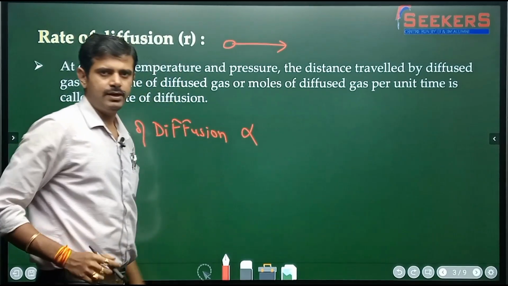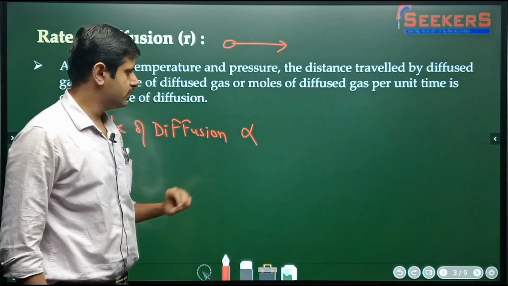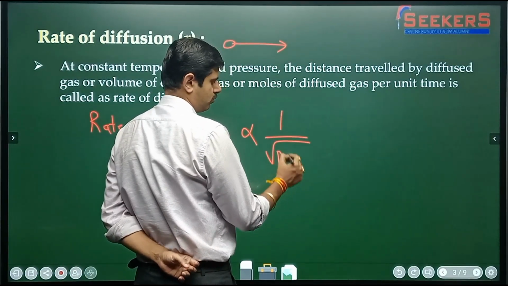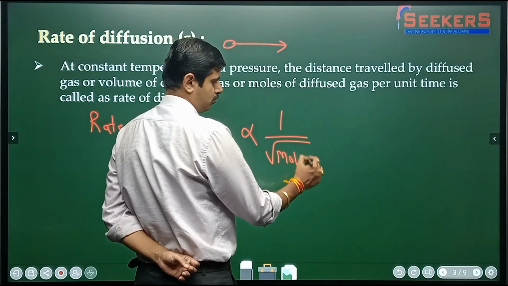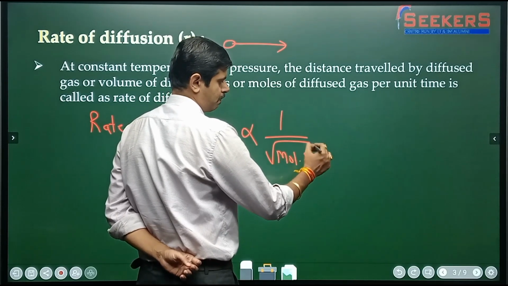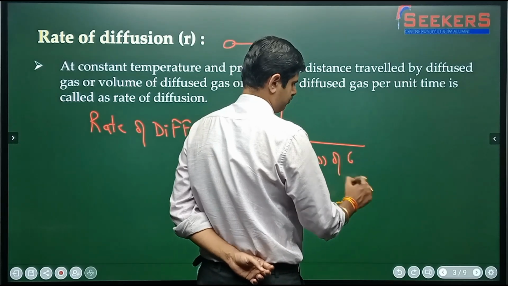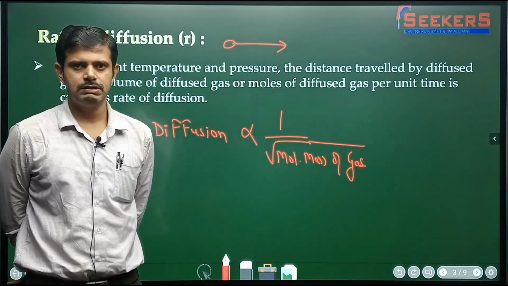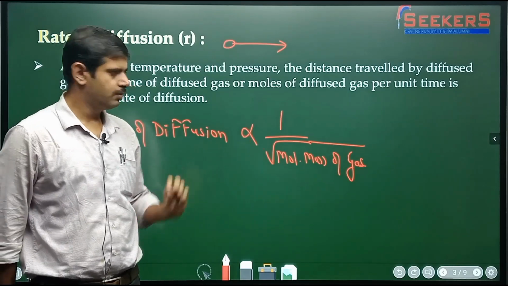Experimentally it has been found that the rate of diffusion is inversely proportional to 1 by root of the molecular mass of the gas. Clear? The rate of diffusion is inversely proportional to 1 by root of molecular mass of the gas.